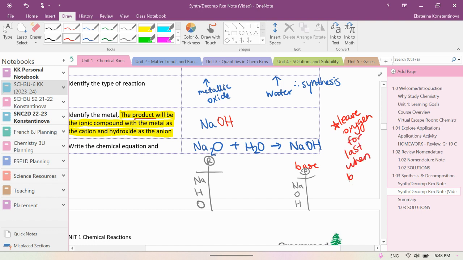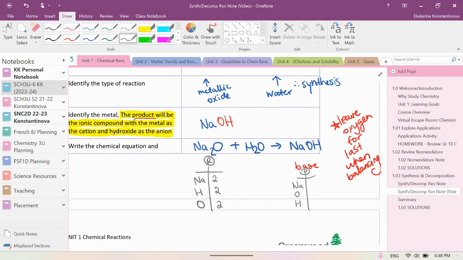Then write out how many you have initially, looking at the subscripts. I have 2 sodium, 2 hydrogen, and 2 oxygens, but they're in 2 different places: one is part of the water, one is part of the metallic oxide.